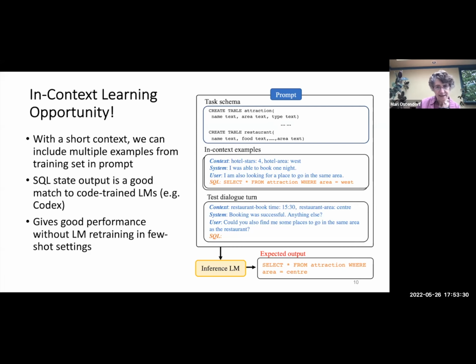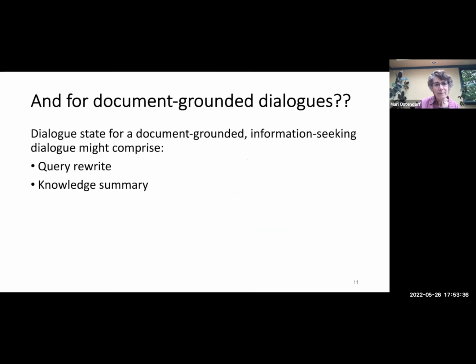That seems pretty easy to represent. What about the dialogue state when somebody's talking about documents? Well, that's a real open problem, but I think you can still do it with language by doing query rewrites as a way of summarizing the history, and doing knowledge summaries as a way of summarizing the information that's been provided.